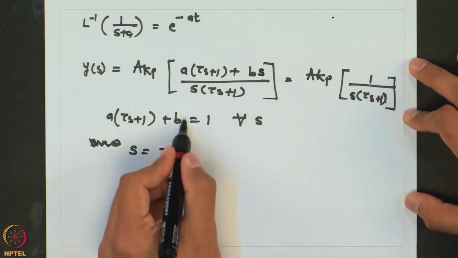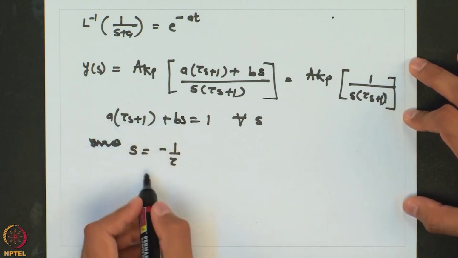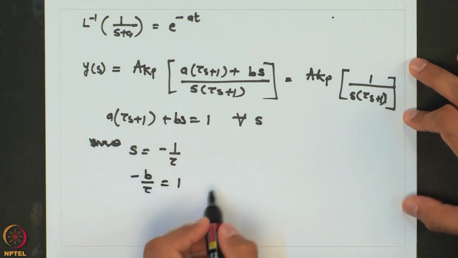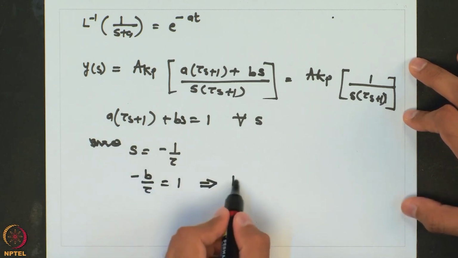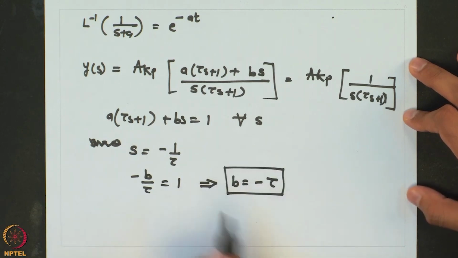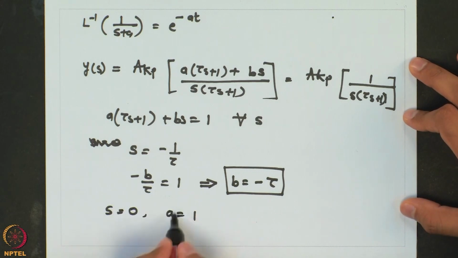So, we will get minus b over tau equal to 1, which gives me b equal to minus tau. We can substitute s equal to 0. In that case, we will get a equal to 1.